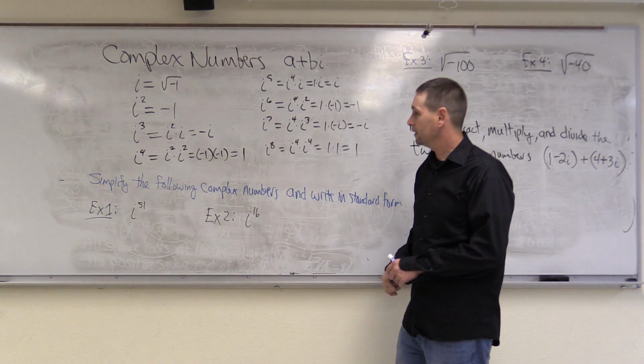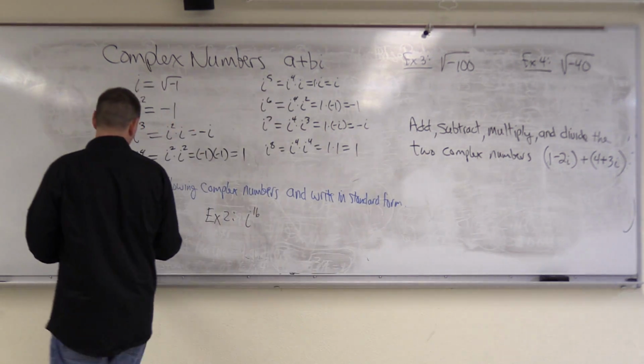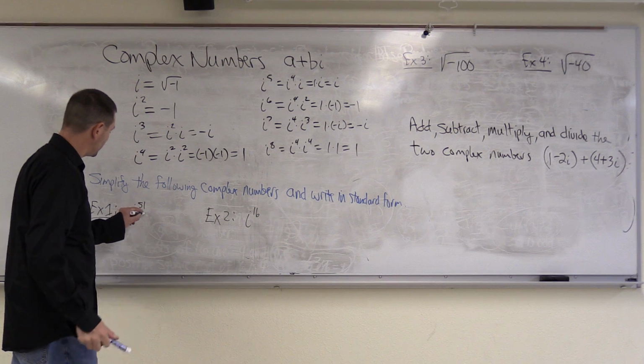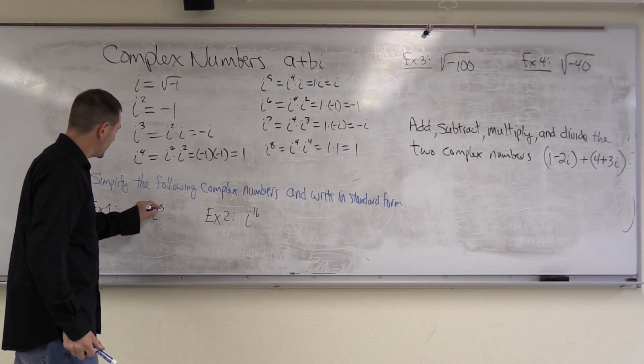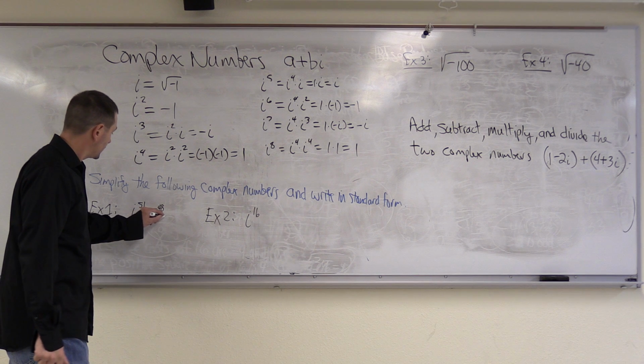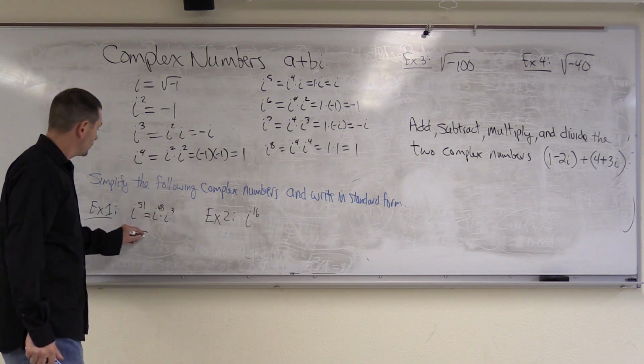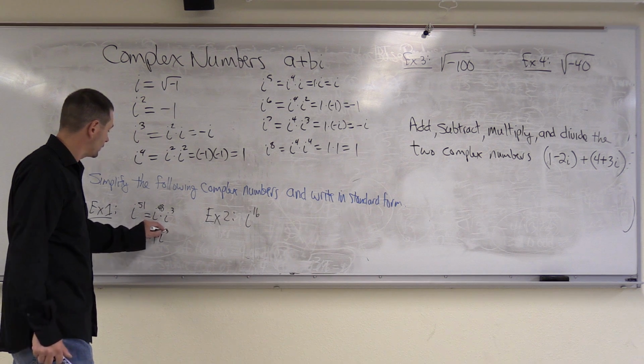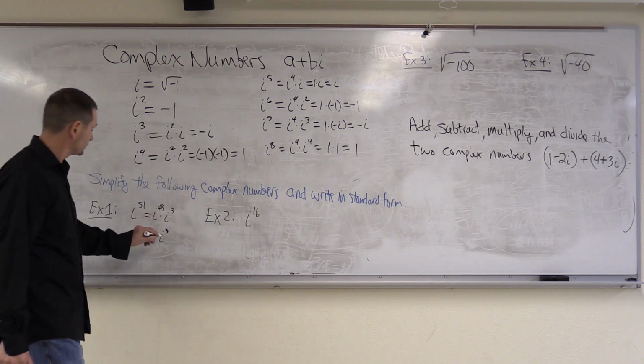I use that to my advantage. I could ask you any power. i to the 51 is, using my exponent rules, i to the 48, the closest multiple of 4, times i to the 3rd. Well, i to the 48 is just 1, guaranteed, times i to the 3rd. I know i to the 3rd is -i.